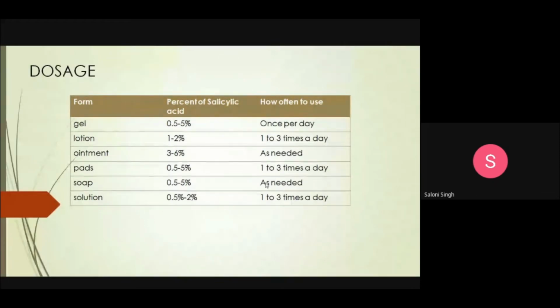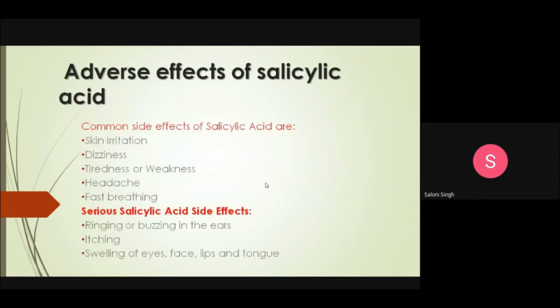For lotion, it's 1 to 2%, and you should use it 1 to 3 times a day. For ointment, you should take 3 to 6%, and use it only if needed. For pads, 0.5 to 5%, 1 to 3 times a day. Soap is 0.5 to 5%, used as per your need, only if needed. And for solution, you should use 0.5% to 2%, 1 to 3 times a day, as per your needs.